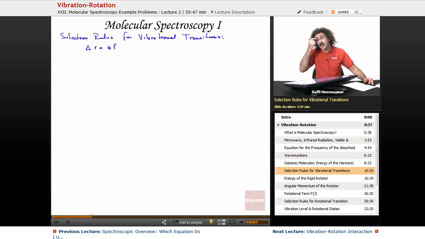In other words, if it's going to make a transition from one vibrational state to another, it's going to go from 1 to 2, 2 to 3, 3 to 4, or 4 to 3, 3 to 2, 2 to 1, in the case of emission, absorption up, emission down. As far as the harmonic oscillator is concerned, it's only going to go one step up or one step down.